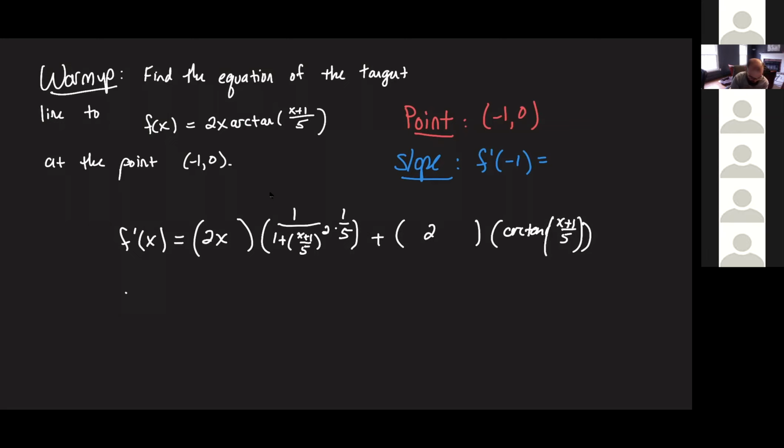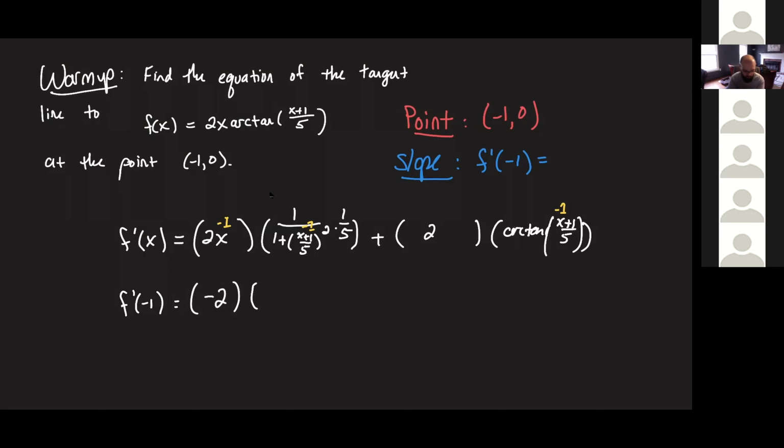All right, so f prime of negative 1, this is going to be 2 times negative 1, which is negative 2. So when I think about this, really what I'm doing is I'm plugging in negative 1 for all these x's here. So negative 1 is going to go in all these spots. And so something nice does happen in this next position. If I plug in negative 1, negative 1 plus 1 is 0.